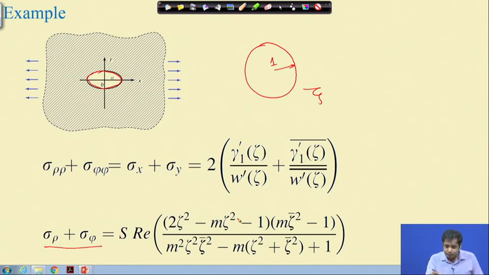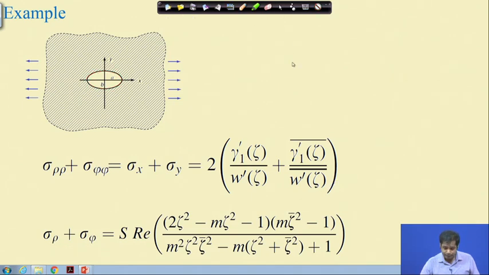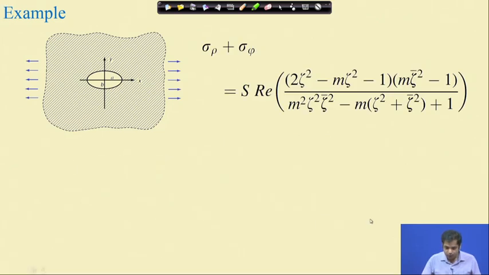Here zeta is equal to e to the power i phi, because it is a unit circle. If you substitute that in this expression, we get an expression like this.